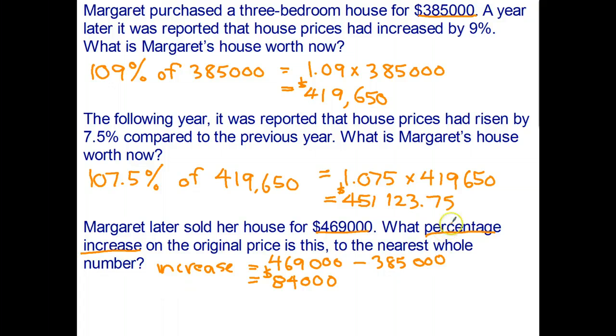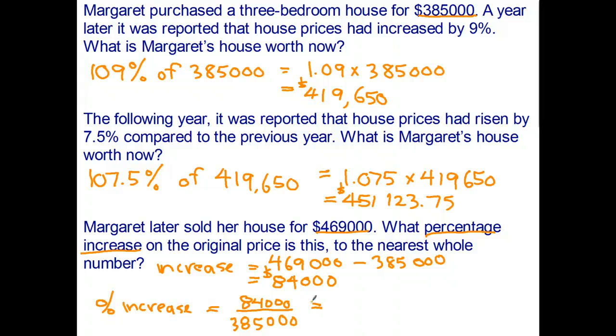And now the question is, what's the percentage increase? I've worked out the increase. The percent increase is going to be the increase, which is $84,000, divided by the original price, which was 385,000. So I've got the 84,000 in my calculator, so I'll just say divide 385,000.